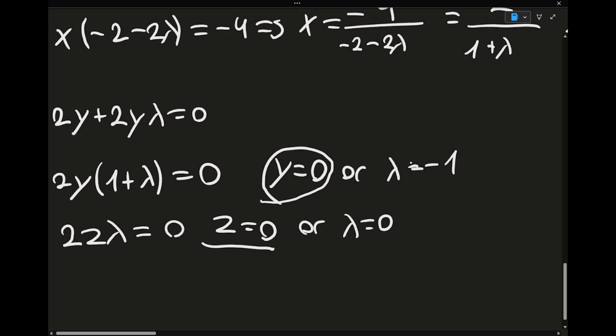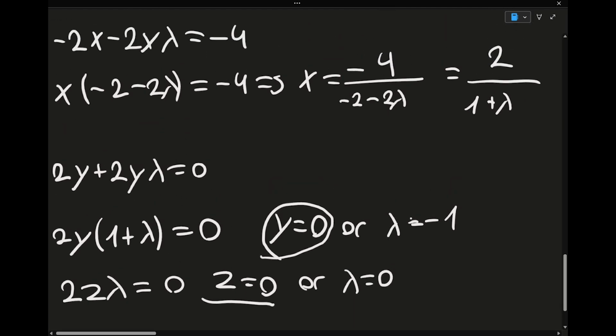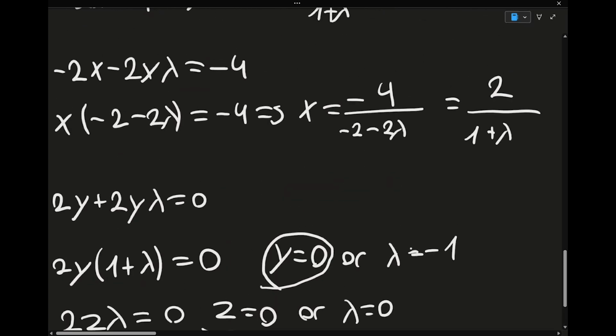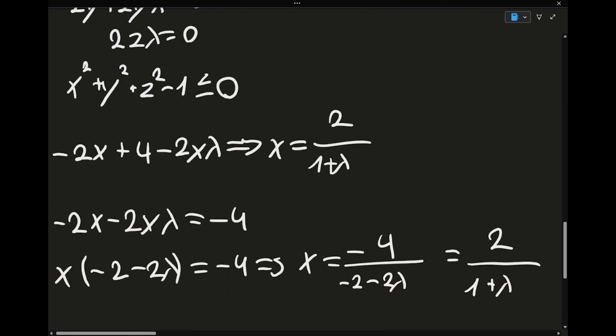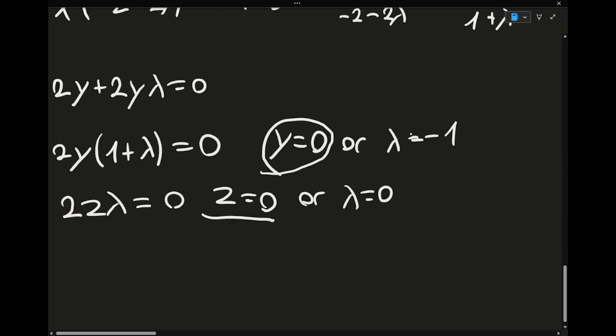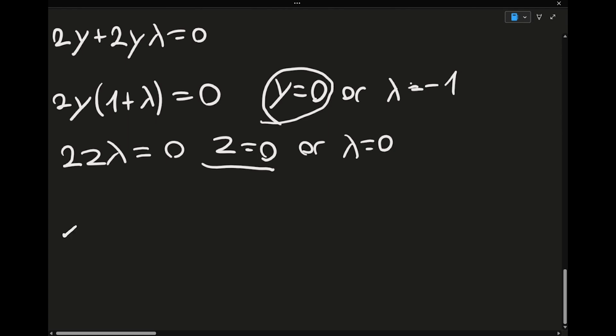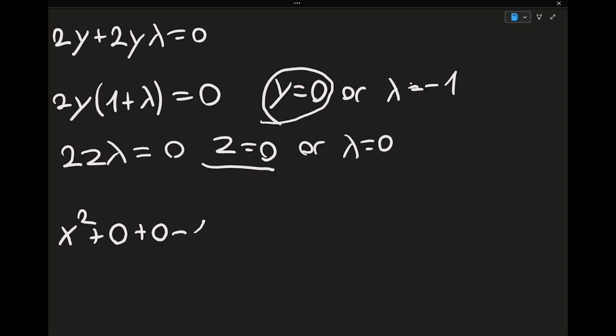And so we know that z is equal to 0, we know that y is equal to 0, and we have our last equation right here, x squared plus y squared plus z squared minus 1 is less or equal to 0. So if we plug everything in, we have x squared plus, we know that y is 0, so we have 0, plus z squared, but z is 0, so we have 0, minus 1 needs to be less or equal to 0.